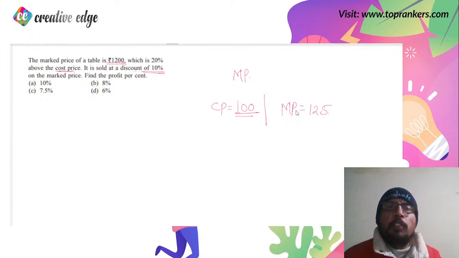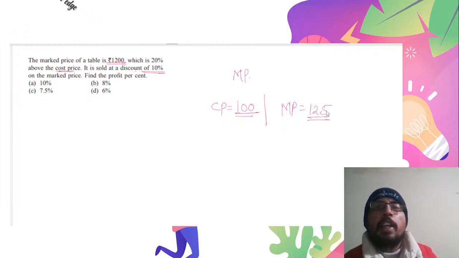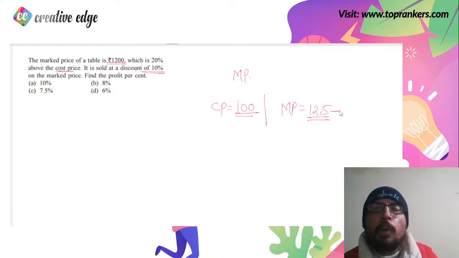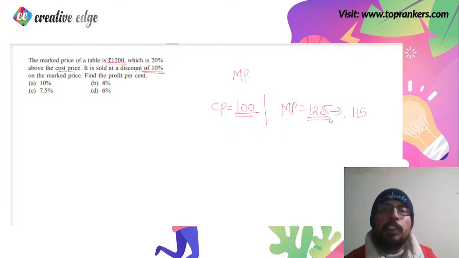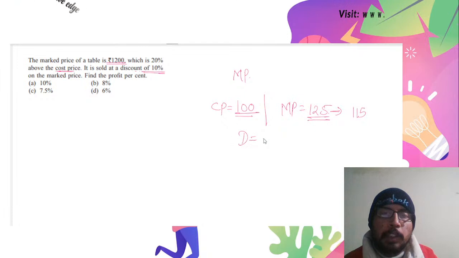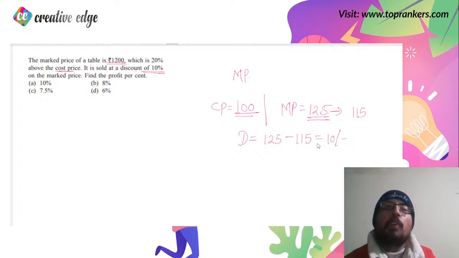Now, if a customer comes to me and says he wants to bargain on this 125 and he will be able to offer me only 115 rupees for this commodity, and if I agree on this, I would say that I have given a discount of 10 rupees. So the customer is happy because he got a discount of 10 rupees.